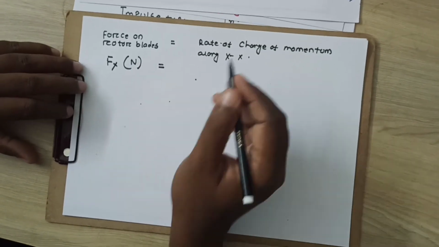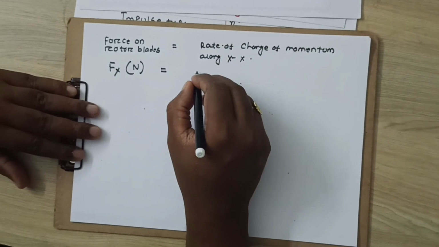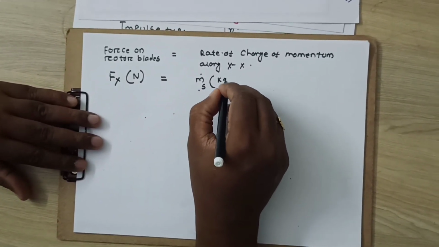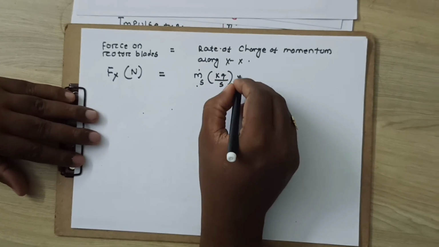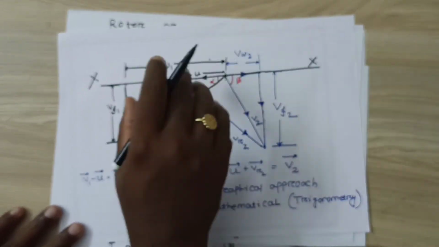This will be the change in momentum, the rate of change of momentum. This will be the mass flow rate of steam, in units of kg per second. The rate of change of momentum along this direction will be the change in the whirl components.